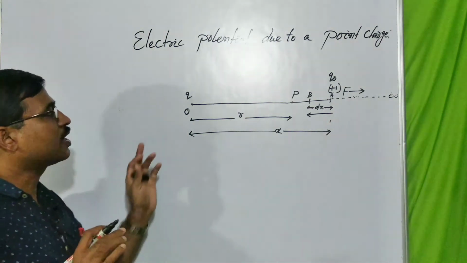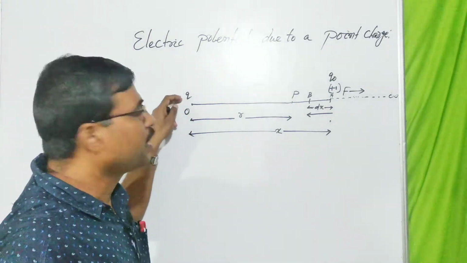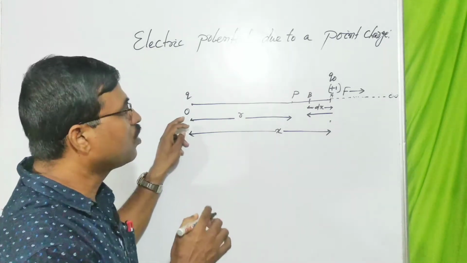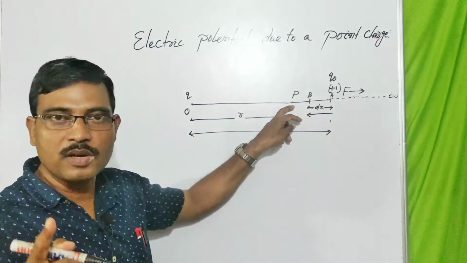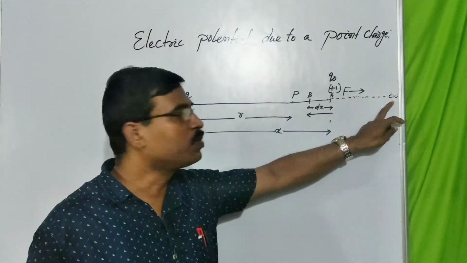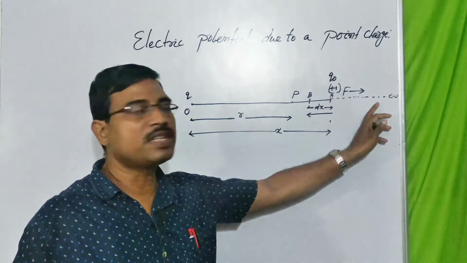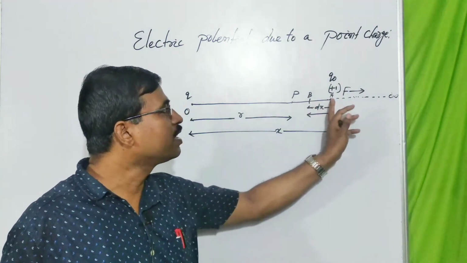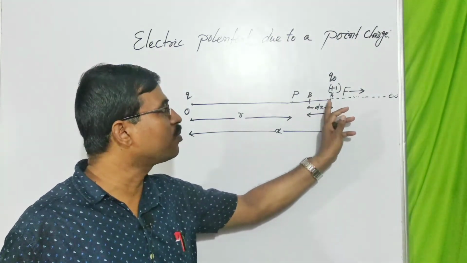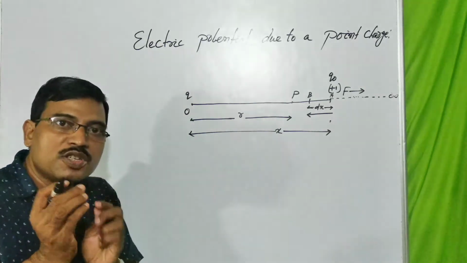I am keeping a positive point charge at point O. P is the point where you have to calculate the electric potential, and you are bringing the unit positive charge from infinity to this point. In between there are a number of points, and we are considering only two points, A and B, where the charge moves from A to B through a small displacement.